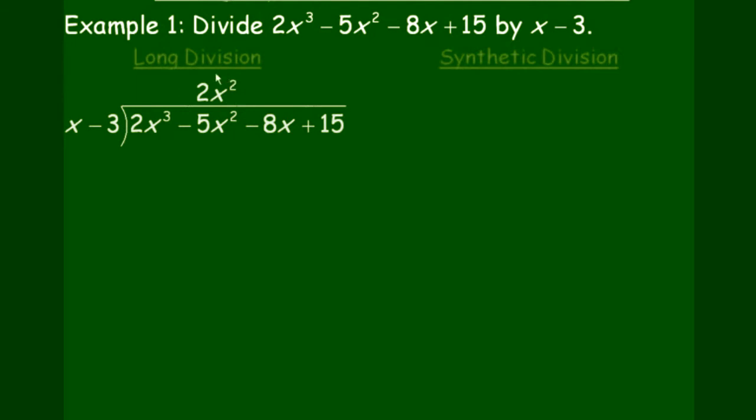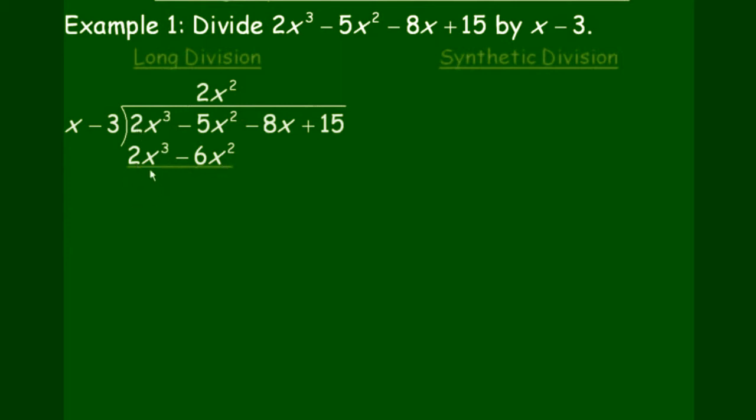Same as before in the numerical example, I take that 2x squared times x minus 3. 2x squared times x is 2x cubed, and 2x squared times the negative 3 is negative 6x squared. Then, as in the numerical example, we subtract.